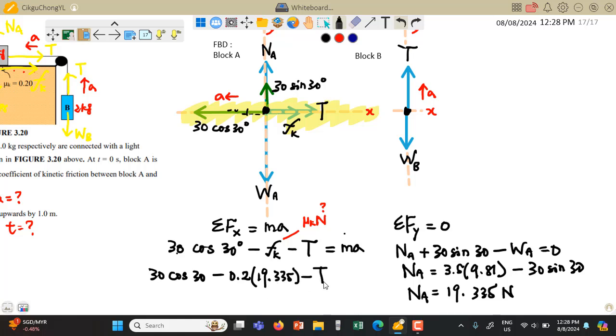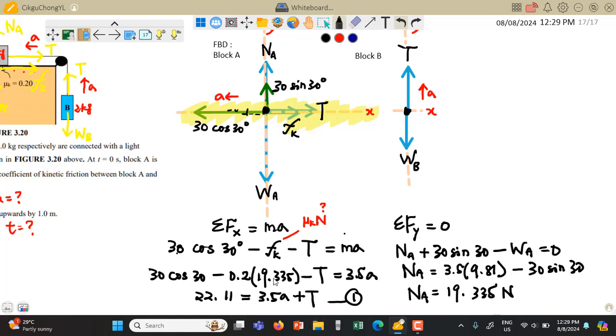So minus tension equal to the mass of block A, 3.5, times A. Okay, so I solve this one, I'll get 22.11 equal to 3.5 A. Negative T, I move it to the right side, it becomes positive T. Anyhow, I cannot solve for the acceleration because the tension is unknown. Never mind, we put it as equation 1.